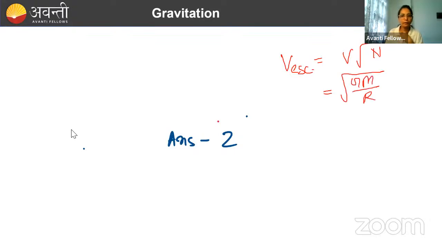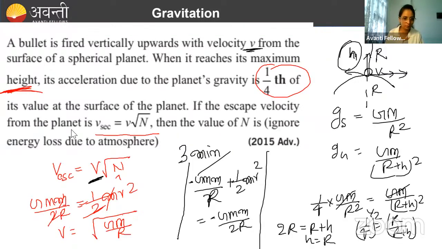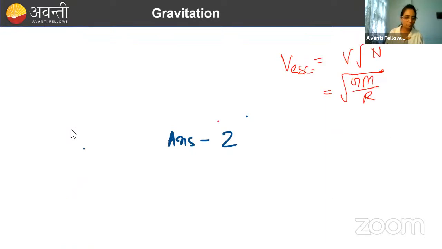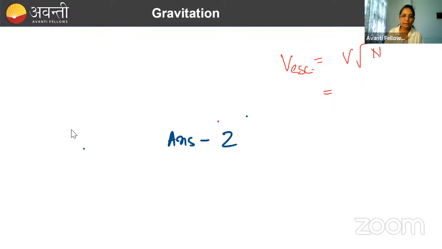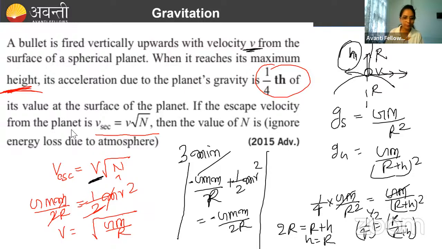GM by R रूट अंडर, इनटू क्या लिखोगे? अच्छा, v का वैल्यू दिया हुआ है. सो यहाँ पे v का वैल्यू क्या आया है हमारा? हाँ, चलो ठीक है. सो v का वैल्यू इज रूट अंडर GM by R.